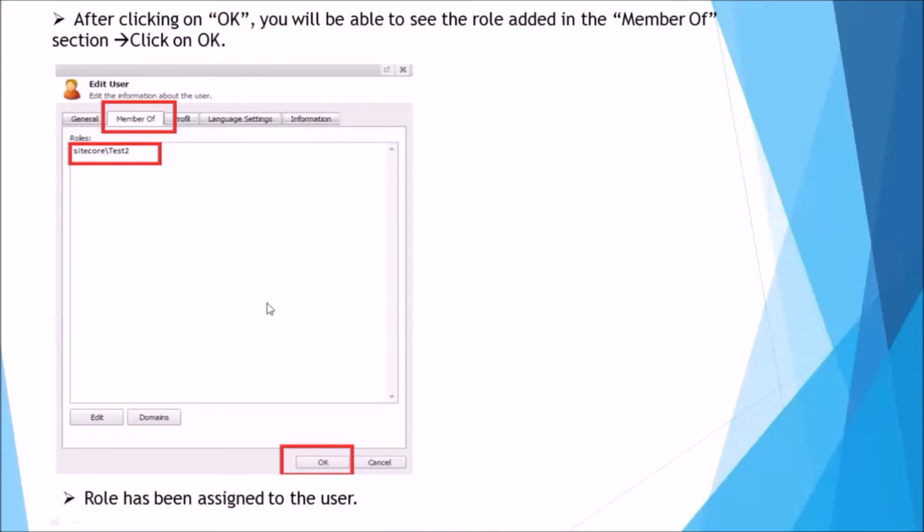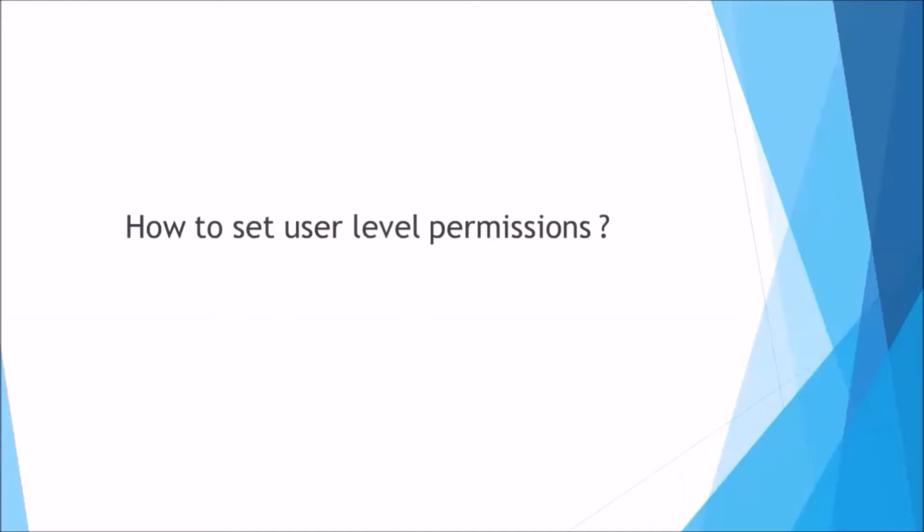As you can see in the member of tab, a role has been added named test2, and then click on OK. So this is how we assign a role to a particular user.